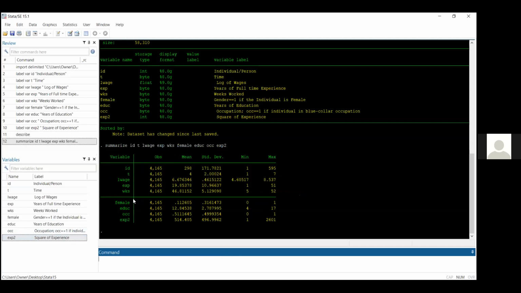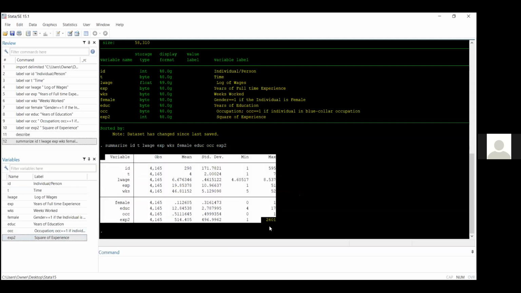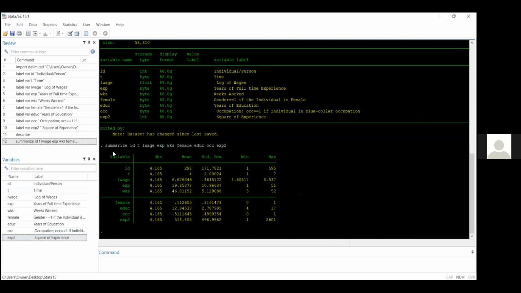Once you have this table, you can copy it and talk about it. In analysis, I wouldn't put ID and T in the summary statistics because they really mean nothing. This is just talking about the first person up to the last person, or the first time period up to the last time period, and I don't think these means make any meaningful sense.